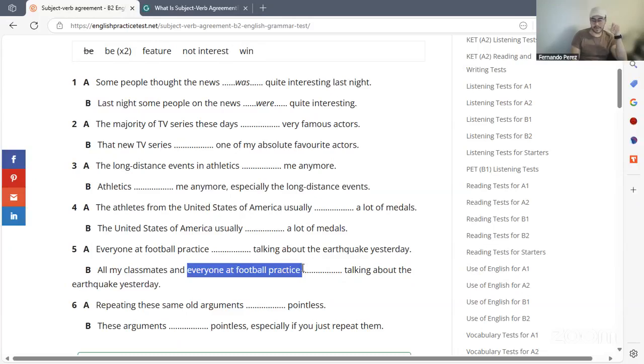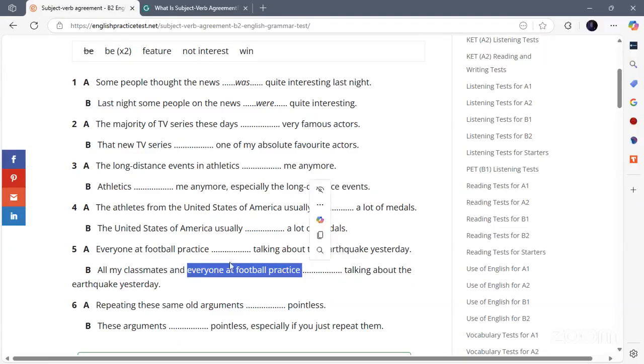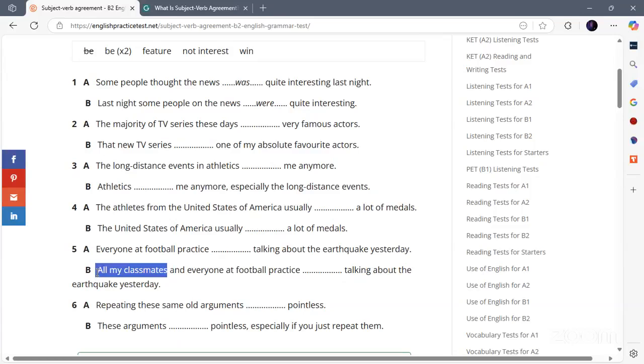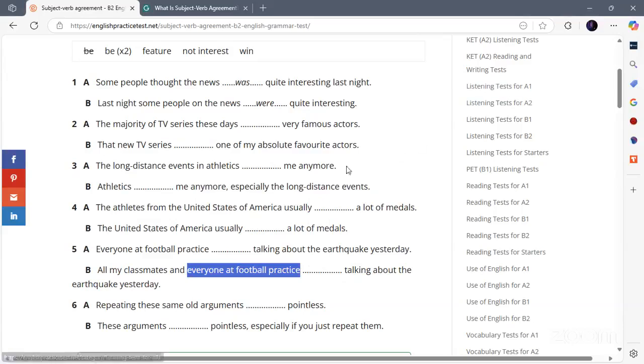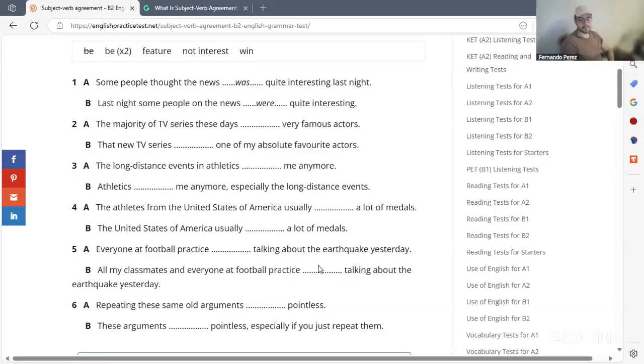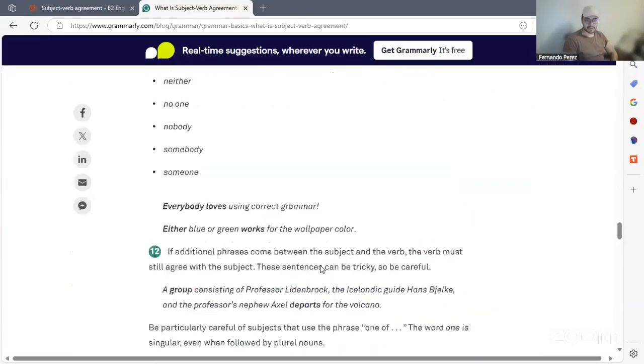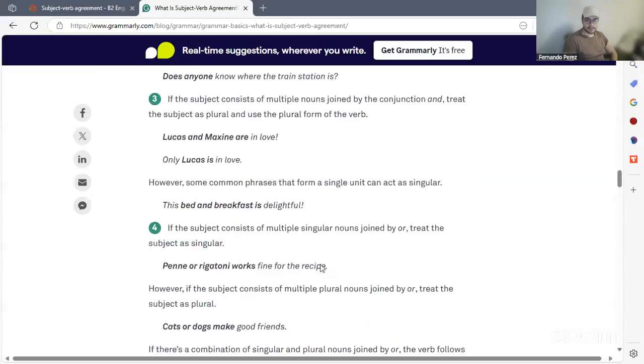This is one unit, and the principal unit is all my classmates. So you have unit number one, unit number two. With that information, now it becomes plural. Same as Lucas and Maxine are.